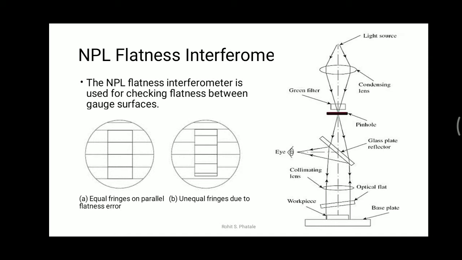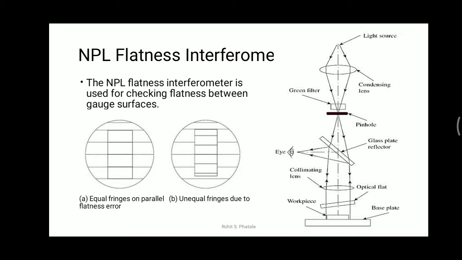We are going to understand how the flatness of the slip gauges, or of any object, is found out with the help of this NPL flatness interferometer.